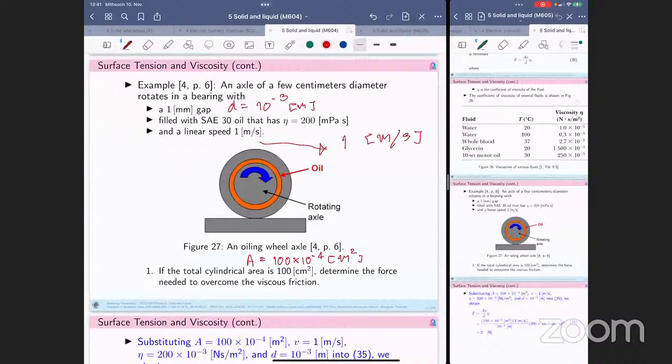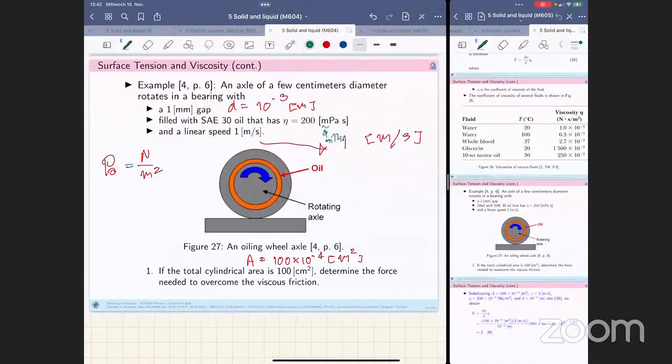Because Pascal is Newton per meter square. Pascal is equal to that unit, Newton per square meter. So we have here Pascal times second, and m is the milli, which is 10 to the -3, right?